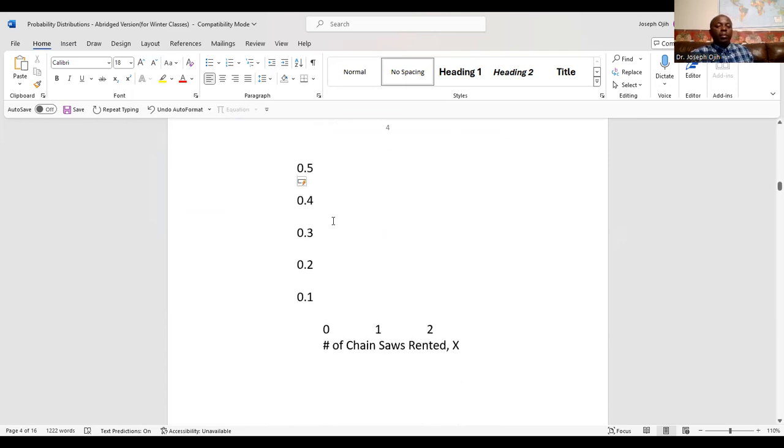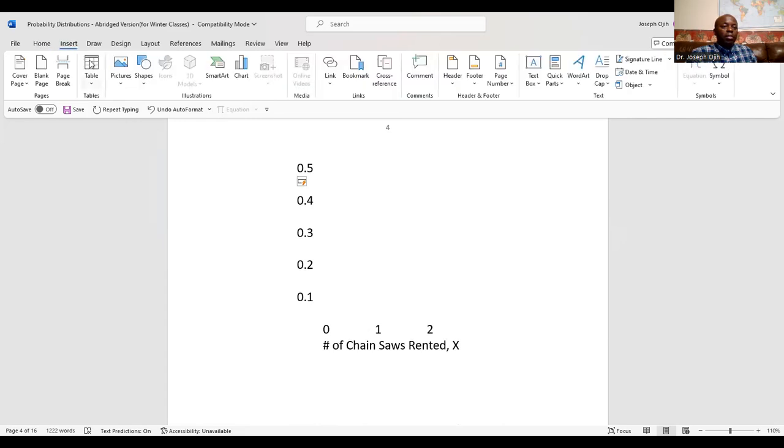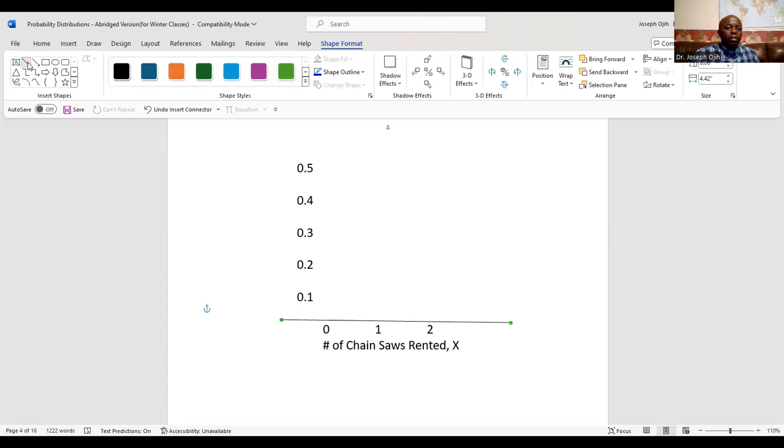So now you can make the chart. You draw the diagram right here: the x-axis and the y-axis.